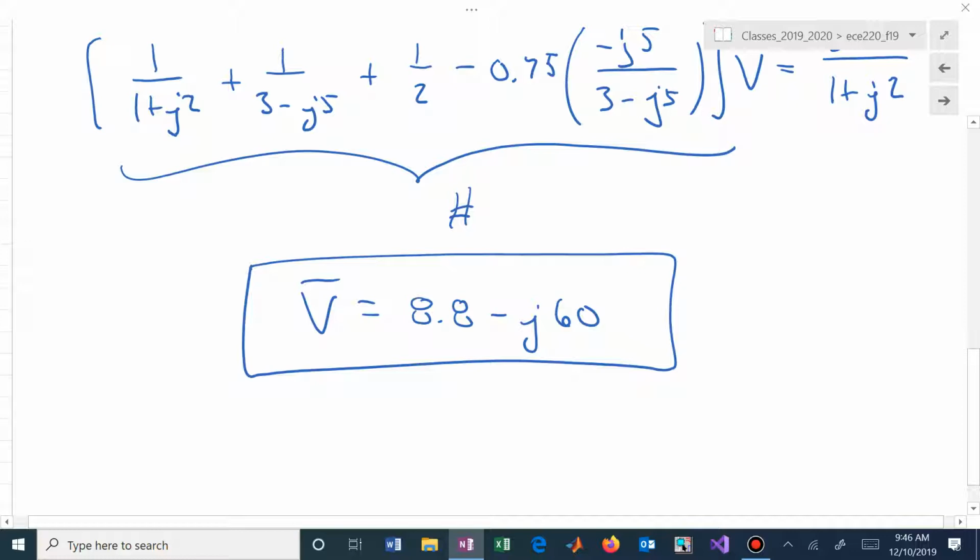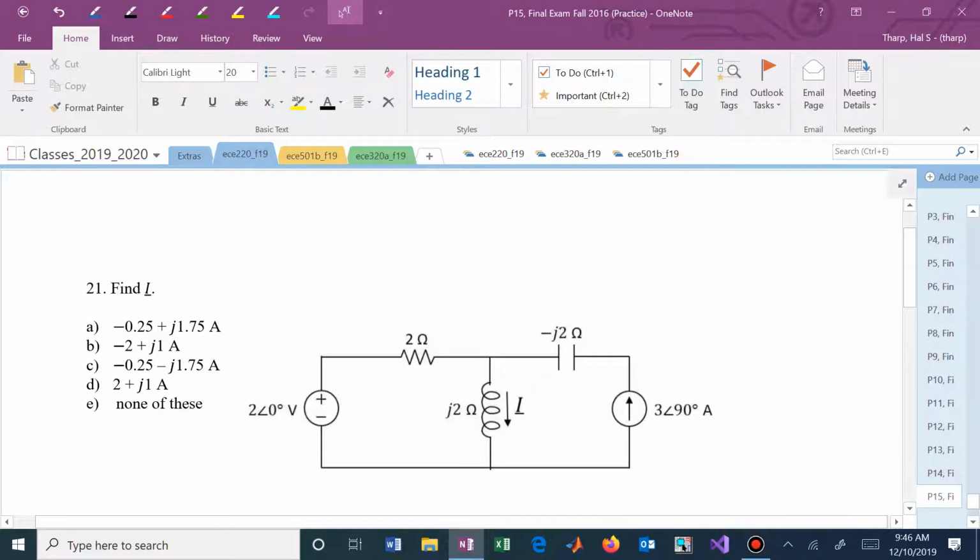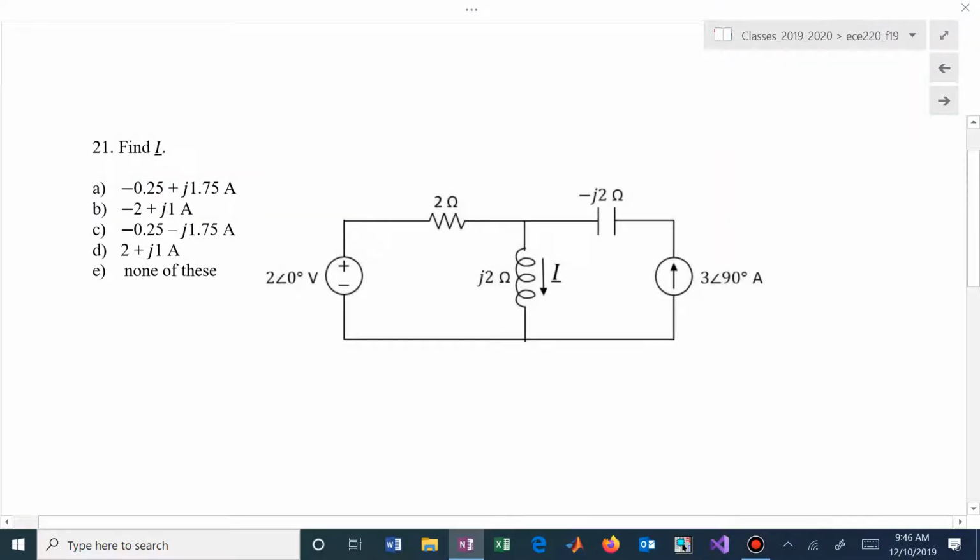Other questions on problem 20? Actually, I thought another good one would be to continue in that same thought process, staying with complex numbers, and look at this question.